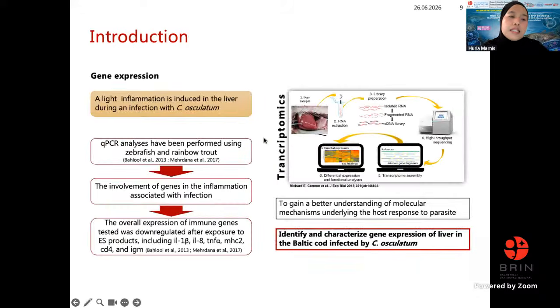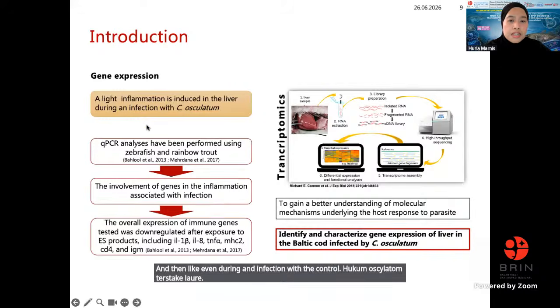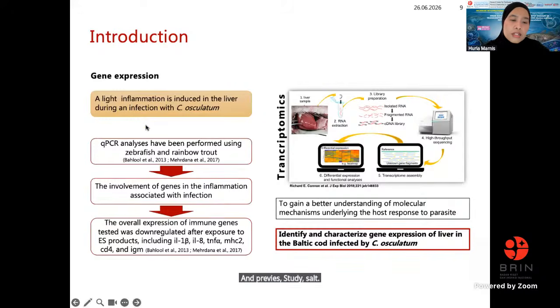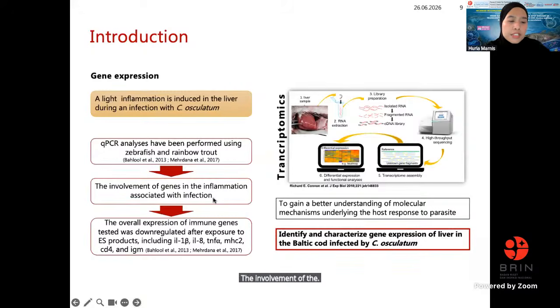Inflammation is induced in the liver during an infection with Contracaecum osculatum third-stage larvae. Previous studies used qPCR analysis in zebrafish and rainbow trout to examine the involvement of genes in the inflammation associated with the infection.